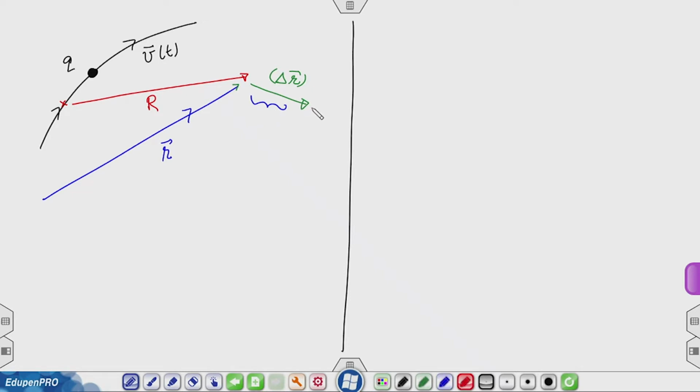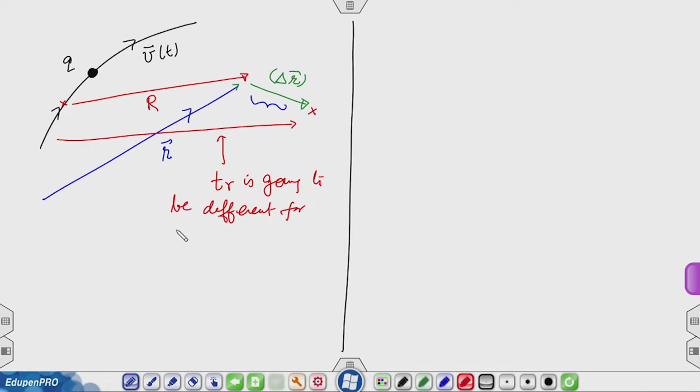And other thing is, for this point, t_r is going to be different for the new point at r plus delta r.